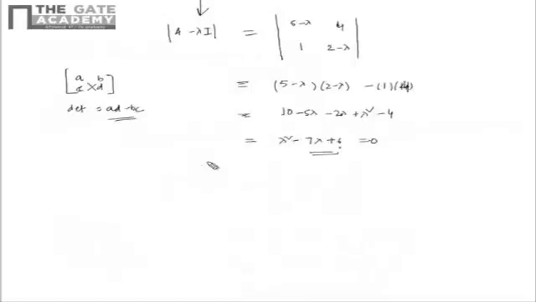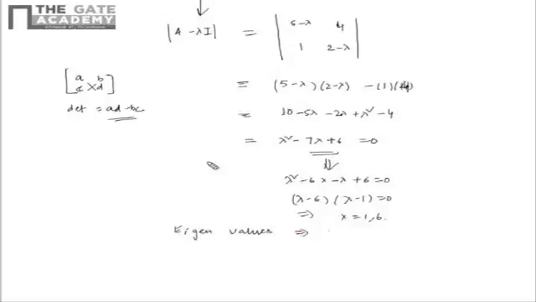Now the roots of this equation you can just simply factorize. So lambda square minus 6 lambda minus lambda plus 6 is equal to 0. So the roots are 1 and 6. So the eigenvalues are 1 and 6.